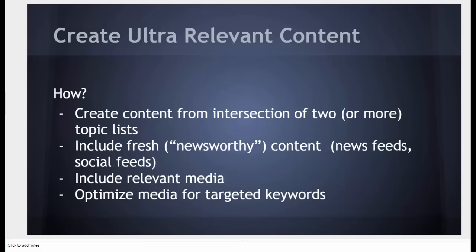We're going to use fresh, newsworthy content, content from news feeds, social feeds, and so on. This is extremely important. If you look at how Google expects content to be syndicated over the web, when something really important happens, it's republished on many sites.